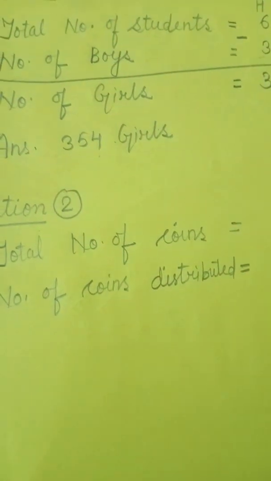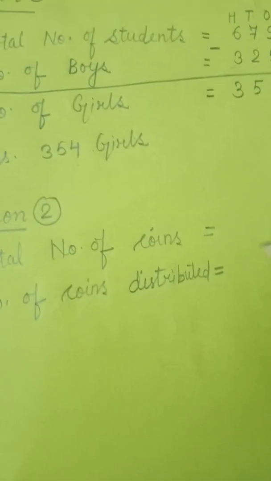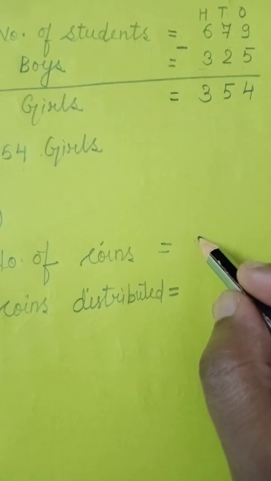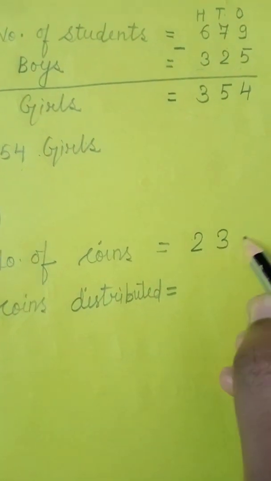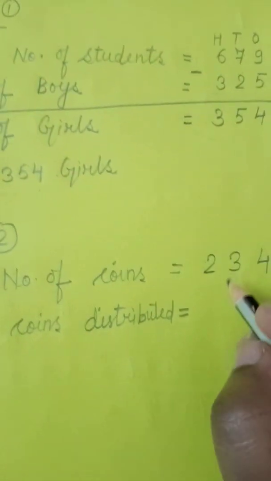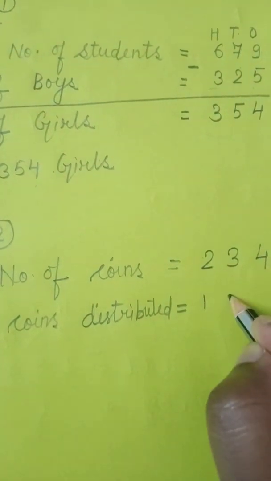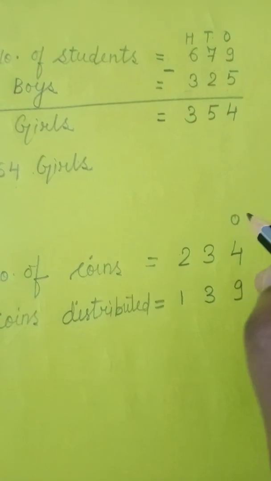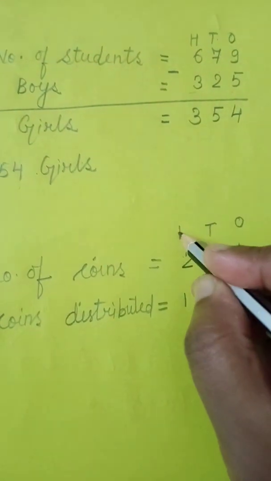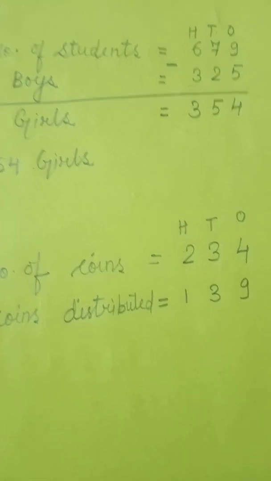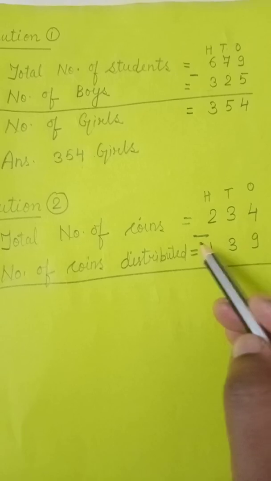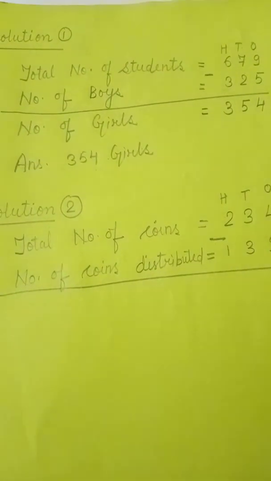Put the equal to sign here, just below this one. Then how many coins in total are there, children? Look at the question. 234. And how many coins distributed? 139. First of all, put here ones, tens, 100. It is very important to put it here, okay? Then put one straight line here and put the minus sign.